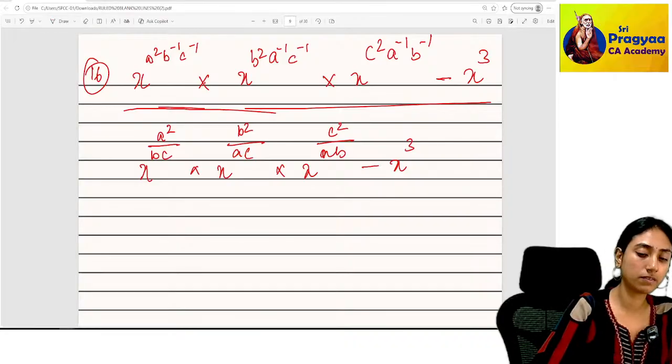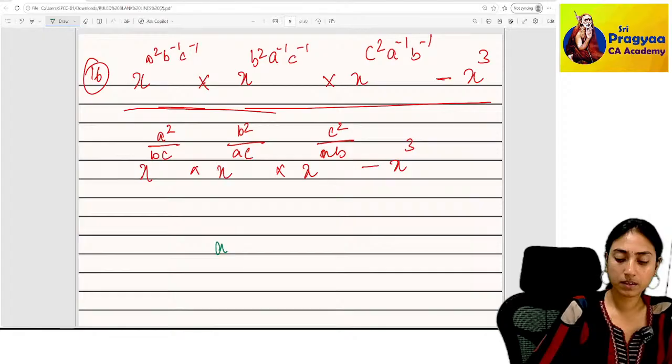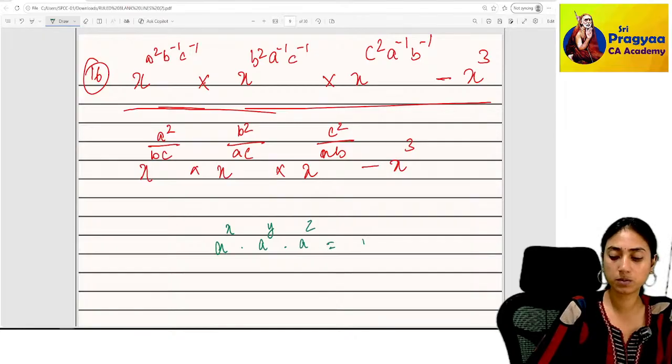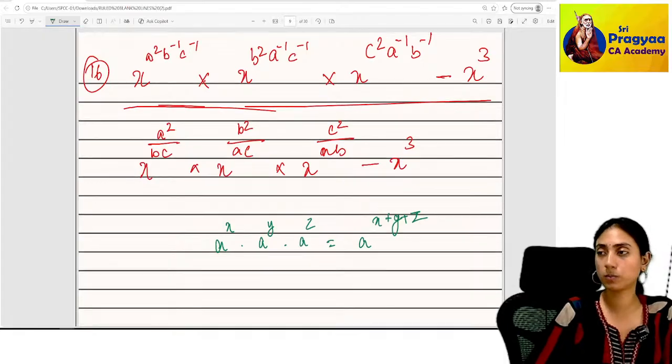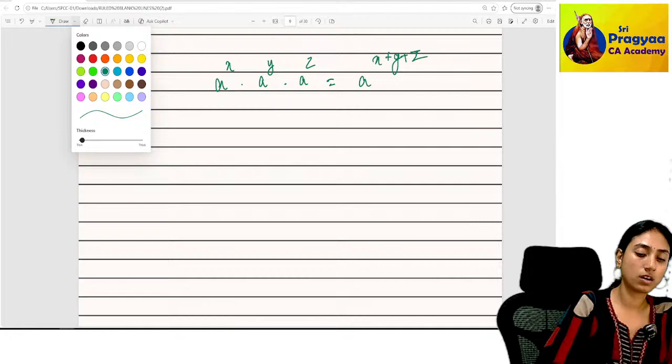So when you have a power x into a power y into a power z is equal to a power, okay, do you remember we learned this rule? Going by that rule, what will happen?